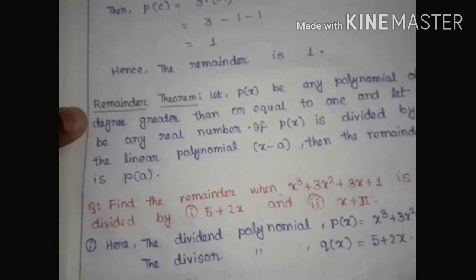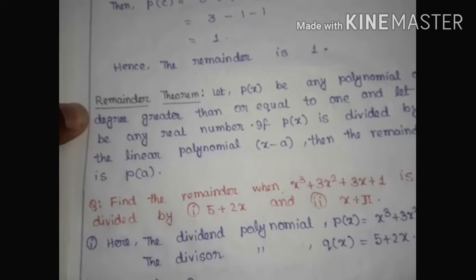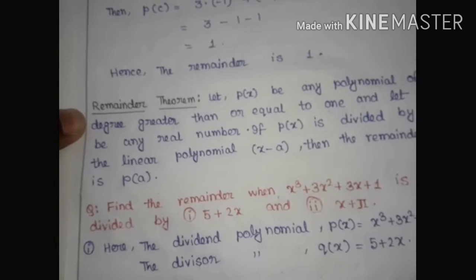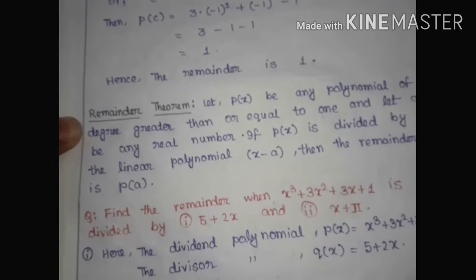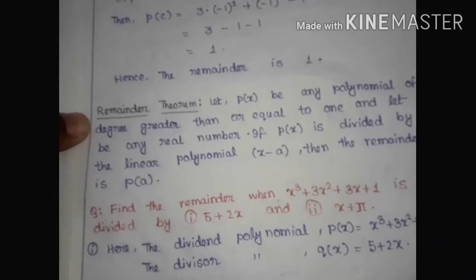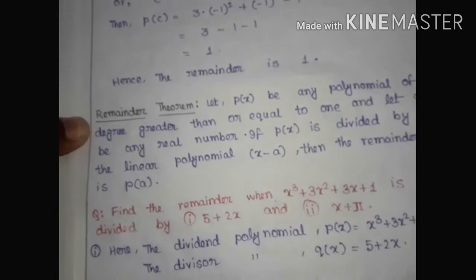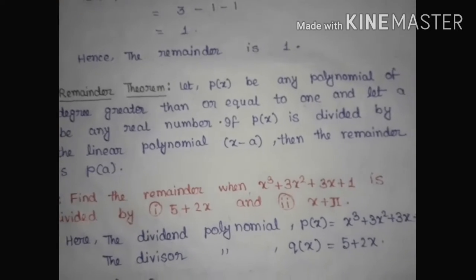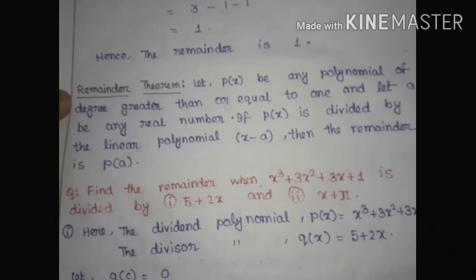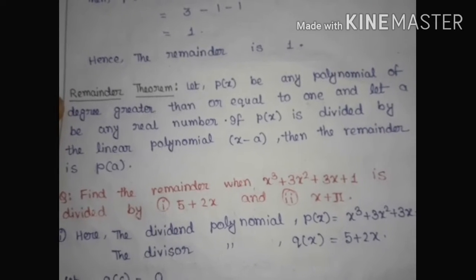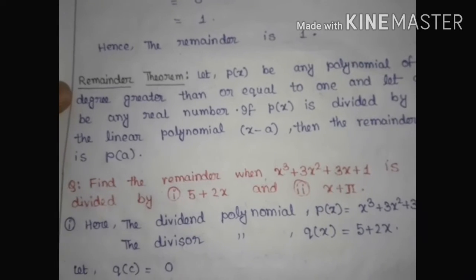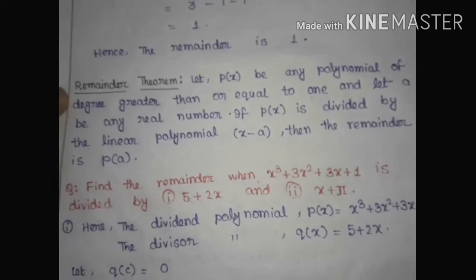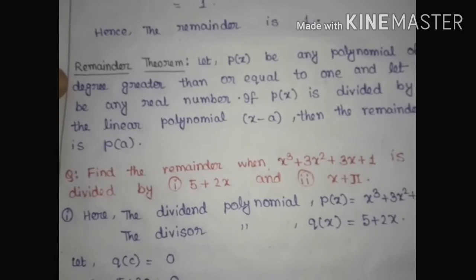Real number means anything we know, that means 1, 2, 0.1, 0.2, 0.5, 5.2, 7.2, minus 5.2, minus 7.2, minus 10, minus 100, minus 700. Anything we know is a real number. Let a be a real number. If Px is divided by the linear polynomial x minus a, then the remainder is Pa.